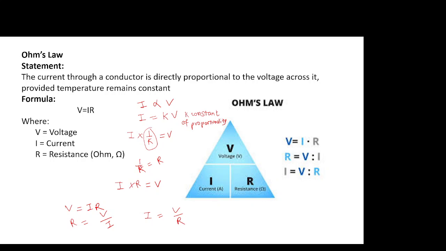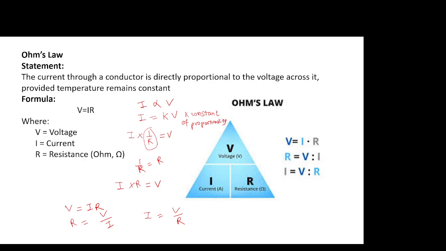My next question is, what is meant by resistance? Resistance is the opposition to the flow of current. It is a property of a material that opposes the flow of electric current through it.